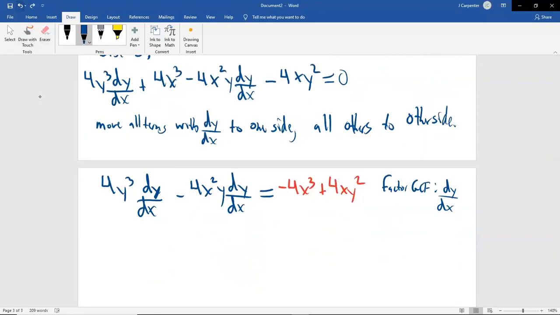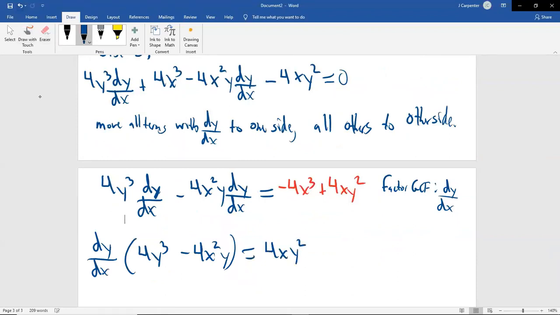So we go dy dx, open parentheses. We're left with 4y cubed from the first one minus 4x squared y from the second one. And that will be equal to, I'm going to go ahead and swap the order of those just to get the positive term first, 4xy squared minus 4x cubed.